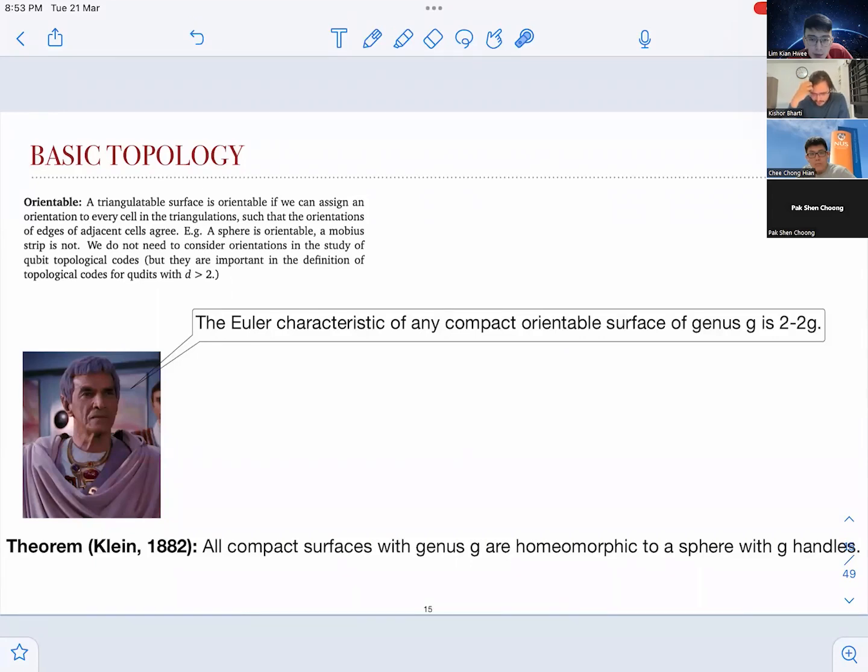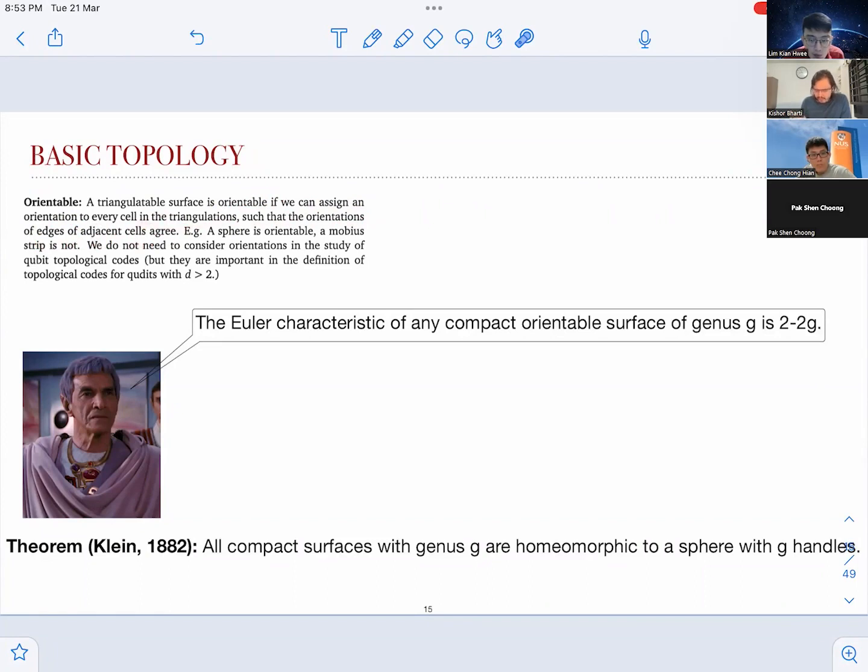If you can assign directions consistently, then you can call it an orientable surface. On the other hand, if you cannot do it, then it's a non-orientable surface. So basically a triangulable surface is orientable if we can assign an orientation to every cell in the triangulation such that the orientations of edges of adjacent cells agree.